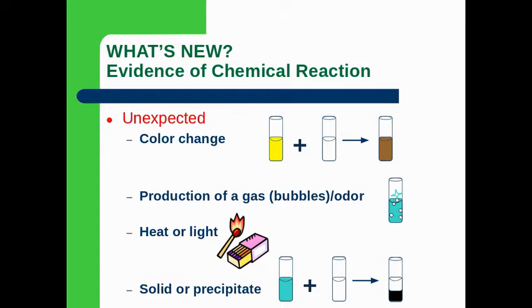But instead, it forms black particles, and at first it might look cloudy, but eventually they would settle to the bottom. And that's what precipitate means. It means something that settles to the bottom, like rain from the clouds settles to the earth.